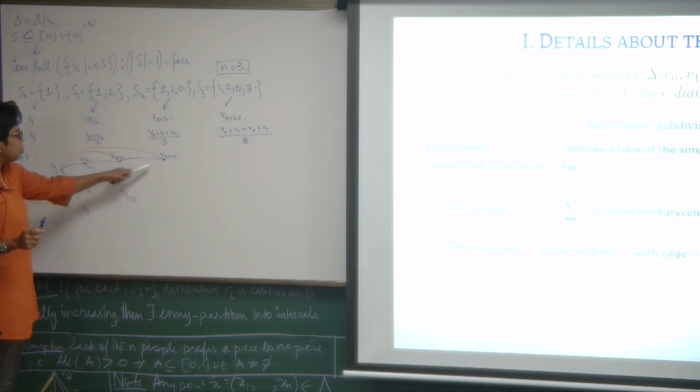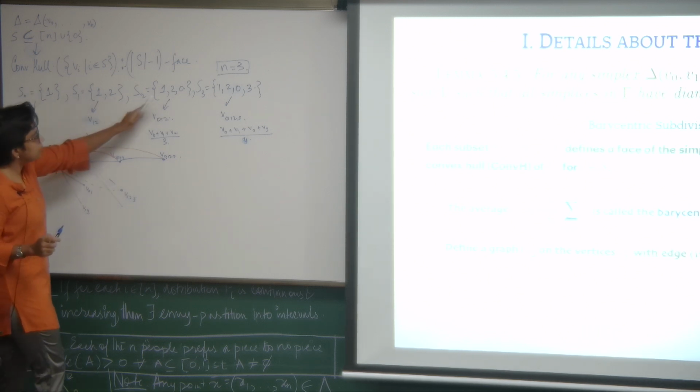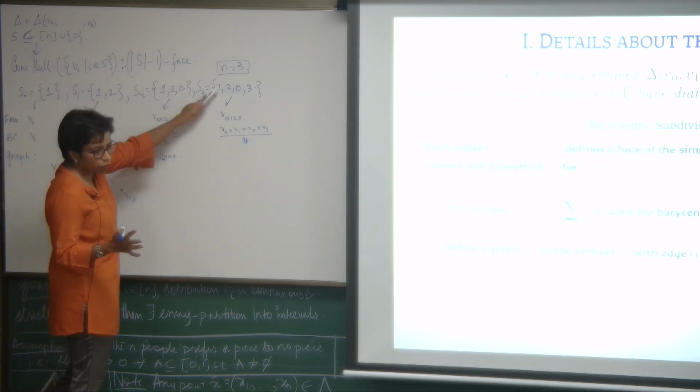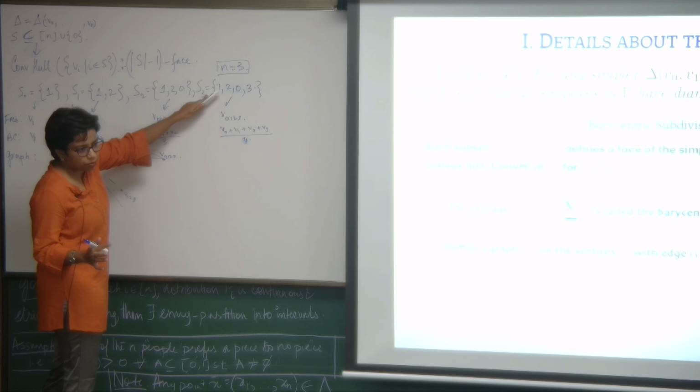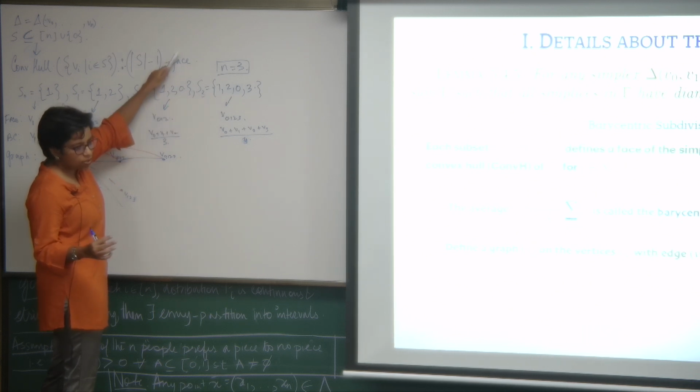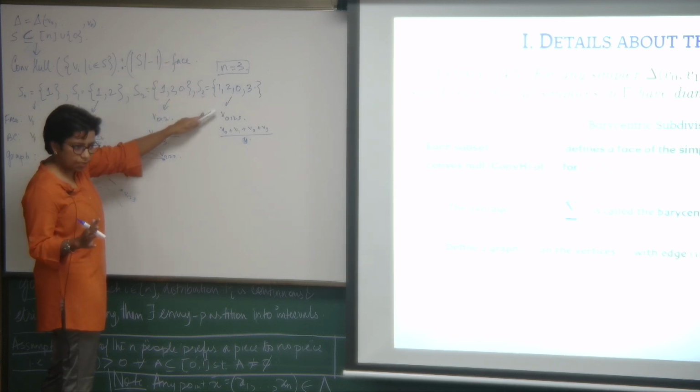So you will take all the vertices in this chain. There can be four of these. Each maximal chain can contain four such vertices when n is equal to 3. When n is general, it should be a size n plus 1 thing, correct?